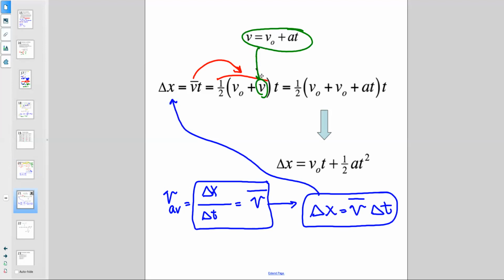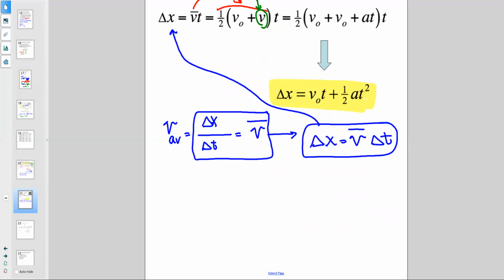I can put that there, okay? And kind of dealing with something like this: 1 over 2 V naught plus a t times t. And I can eventually write it like that. Very, very important.